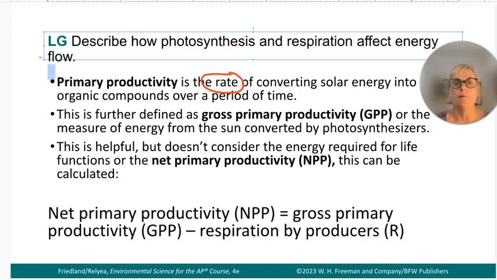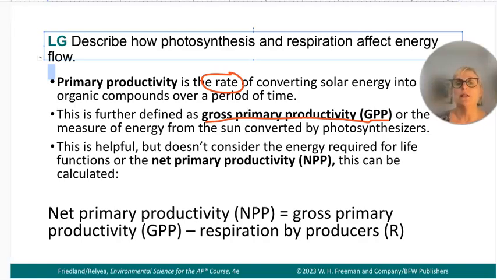We also have GPP, gross primary productivity, which is the total amount of energy produced, not the energy from the sun. The sun produces vastly more energy than we could possibly use in ecosystems, but GPP is how much is actually turned into energy by your photosynthesizers.